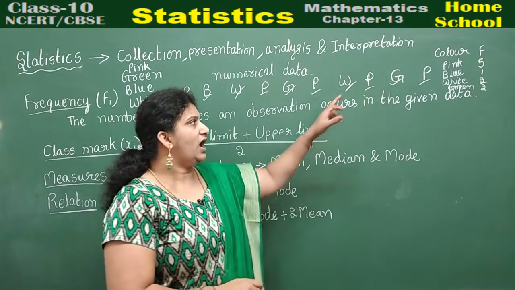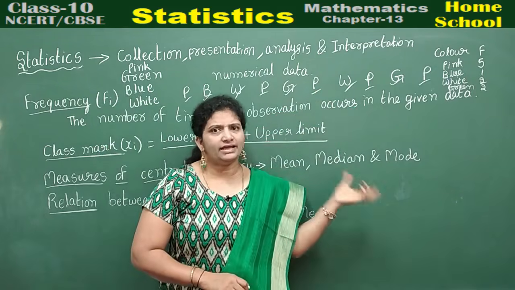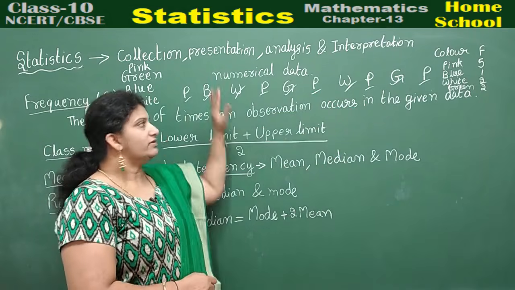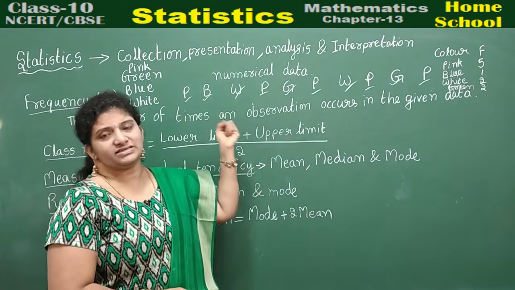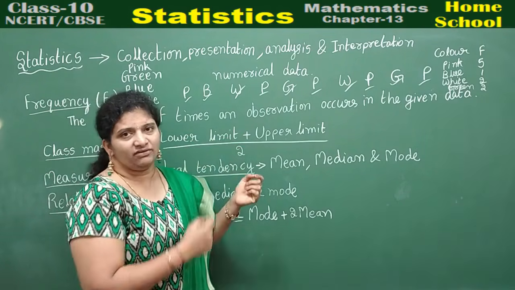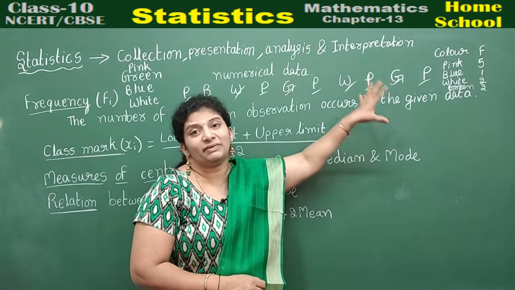So now, how many balloons have they taken? 10 children came, 10 balloons they have taken, right? First we collect and present the data, then analyze. Just select how many green, how many pink, how many white. So now what result have you written there? Interpretation.